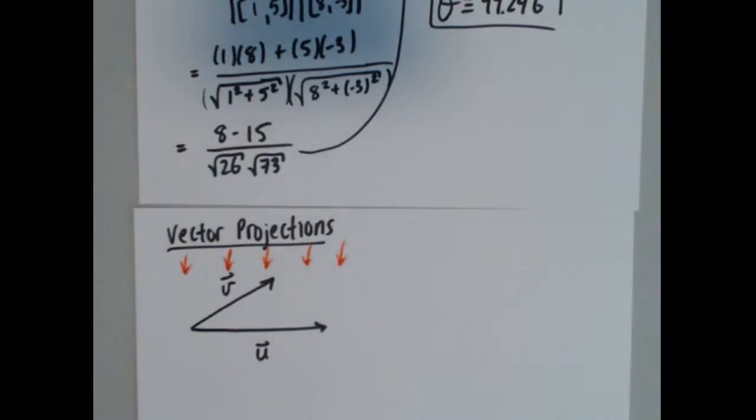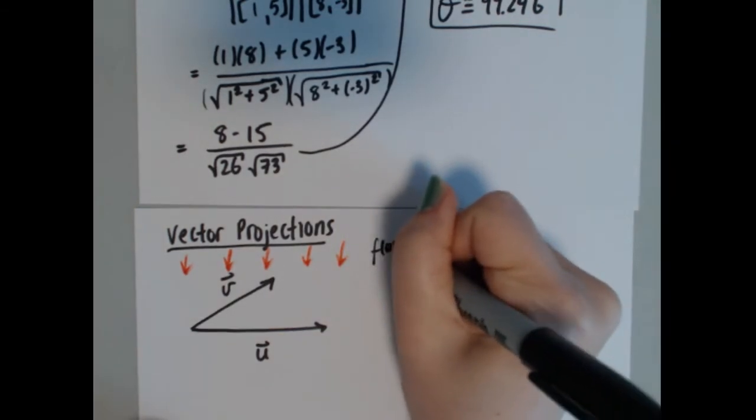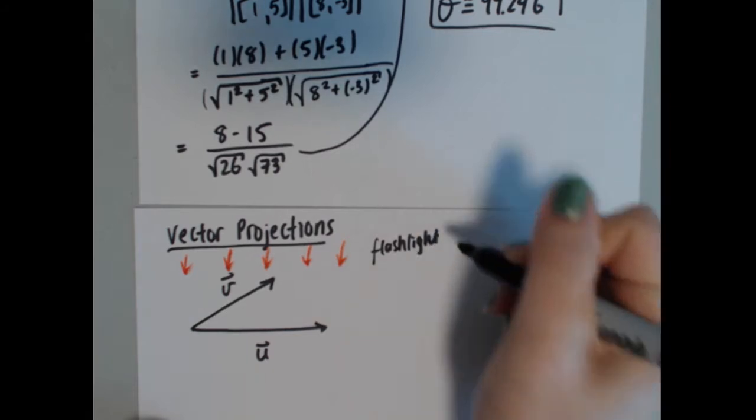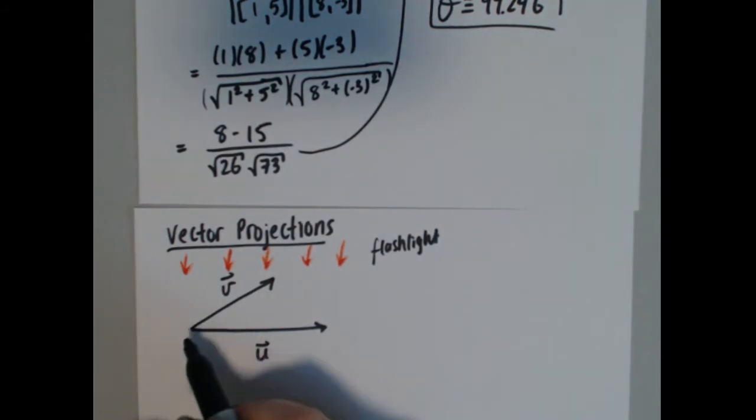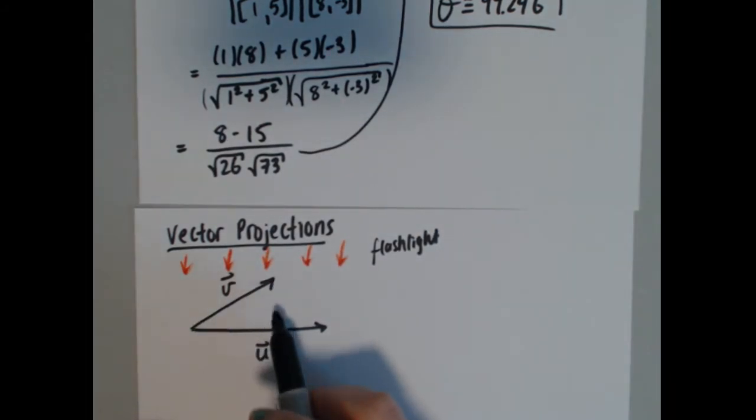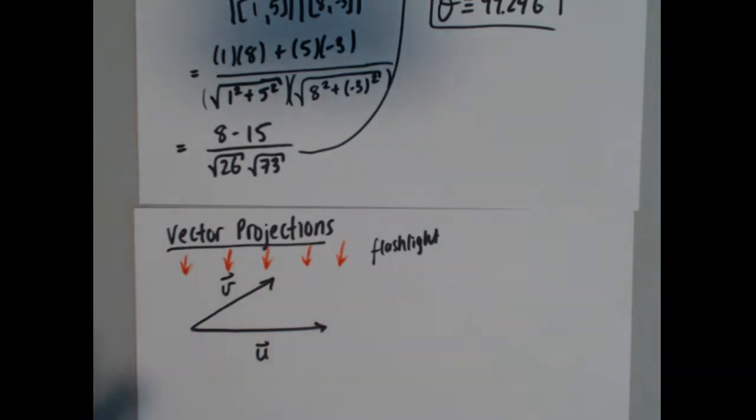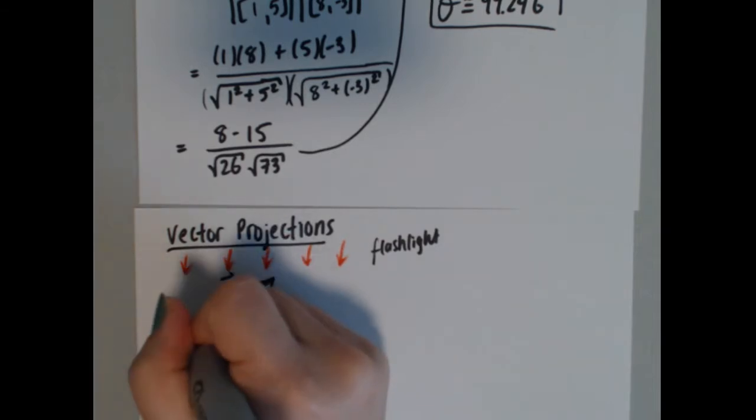Maybe it's sunlight, maybe I'm holding a flashlight, but there is light coming in. Let's just say it's a flashlight. What I know is that vector v is going to cast a shadow onto vector u, and that shadow is going to look something like this.